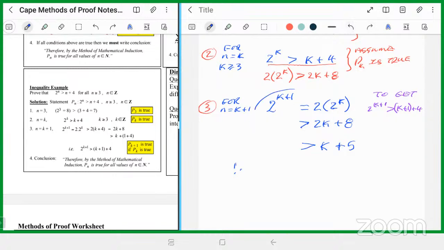So I can put this now greater than my result that I want. So I can say, therefore, 2 to the k plus 1, in fact, is greater than k plus 1 plus 4, breaking up the 5 here. That's how the inequality type is done.